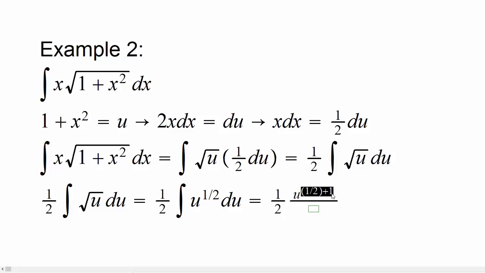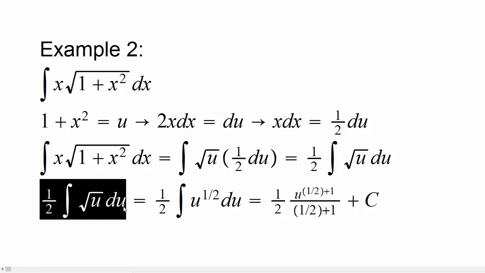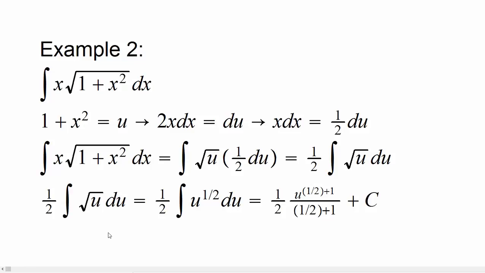Plus a constant. In other words, we have 1/2 again, and then u to the 3/2 in the numerator, and 3/2 in the denominator, and this 2 and this 2 will cancel each other.